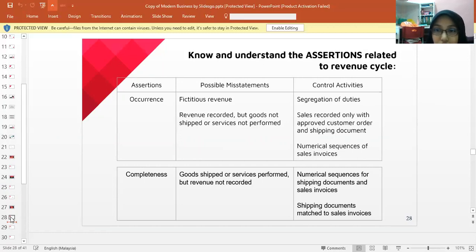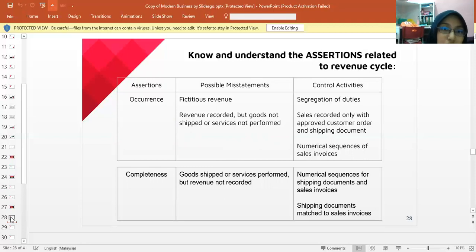In order to avoid it, use control activities such as segregation of duties for fictitious revenue, and sales recorded only with approved customer order and shipping document. Proceed with numerical sequences of sales invoices for revenue recorded.